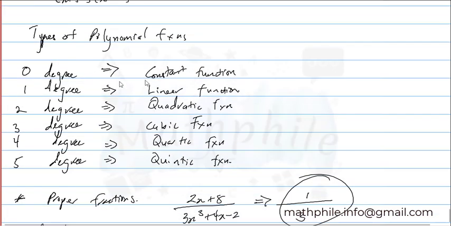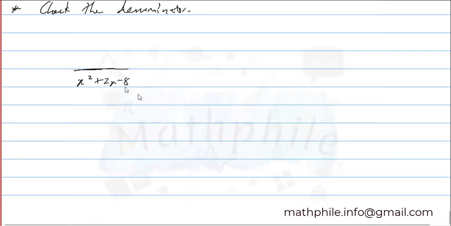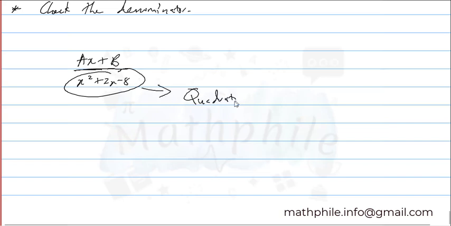So if you look at the order of functions, which function comes exactly before quadratic? Linear. So it means that the numerator is going to be a linear function. And the general linear function is written as ax plus b. So if the denominator is quadratic, the numerator will be linear. Is that okay?